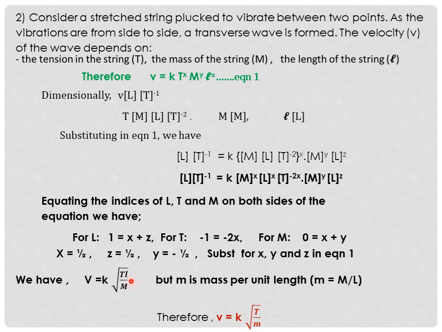So this now L on M is equal to 1 over small m, which when substituted gives us the speed of a vibrating string is equal to a constant times the square root of the tension on the mass per unit length.